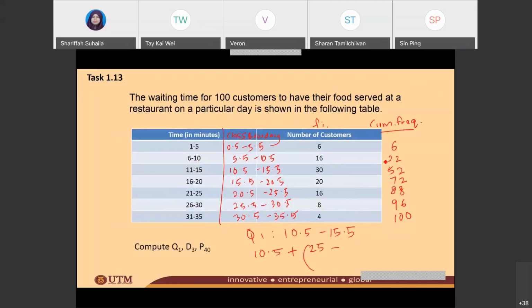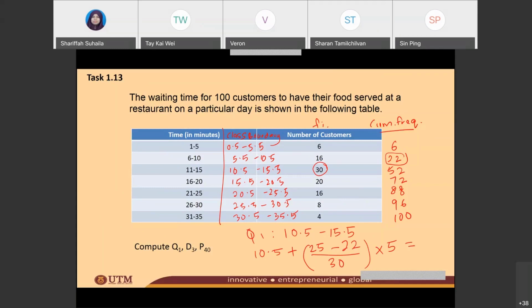So before this one, your capital F is 22. Divide by the frequency of your third quartile class, which is 30. So times your C. C in here is 5. So that means you get your Q1.